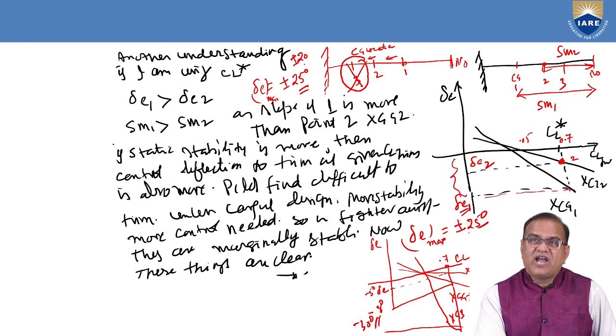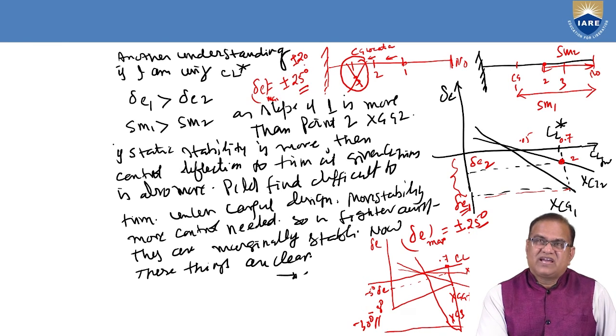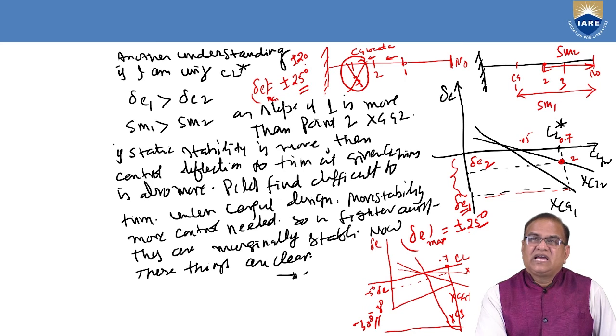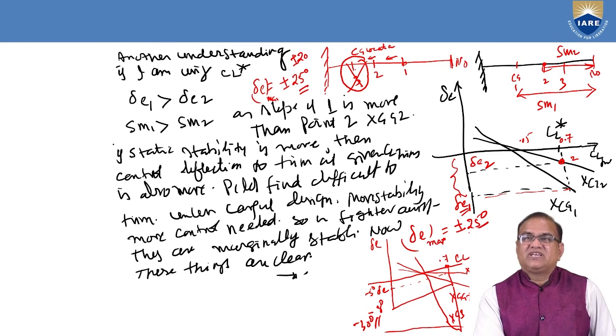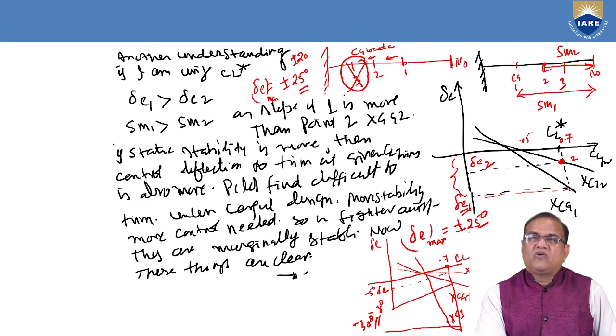So this 4 to 5 degree is kept as a reserve for different emergencies, so that the location of the center of gravity should not go beyond a given range of center of gravity.